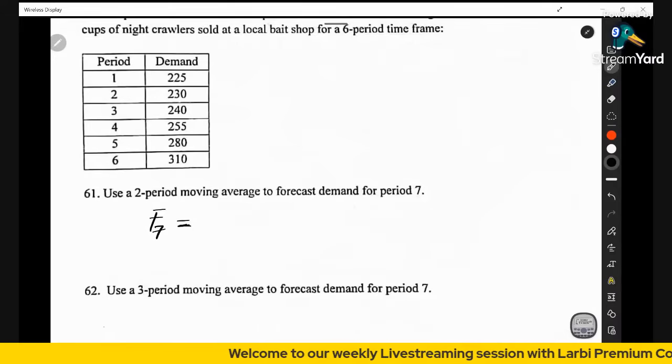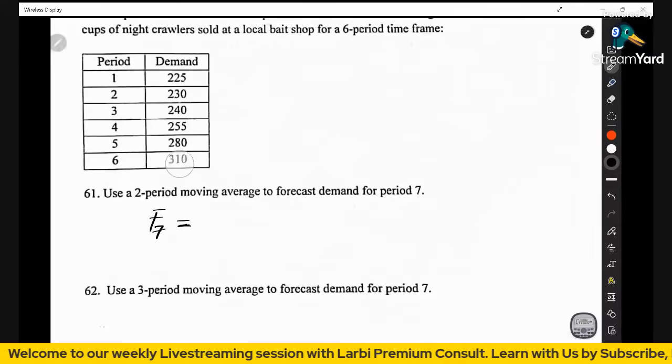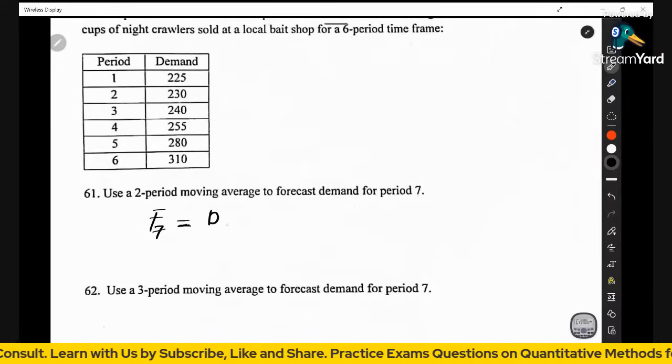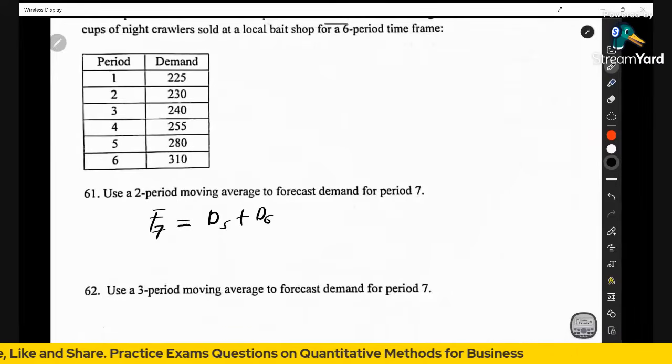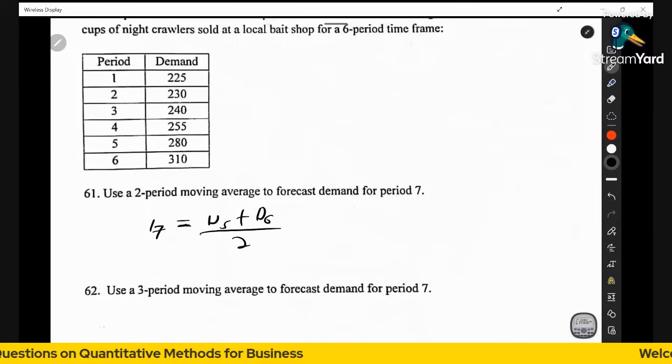So meaning that most recent data would have to take into account this, right? That is 280 and then 310. These are the most recent data in that line. So meaning that we have demand 5 plus D6 divided by 2, since we are using a 2 moving average.